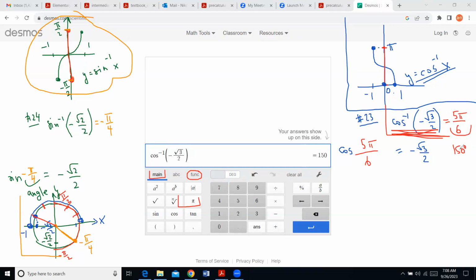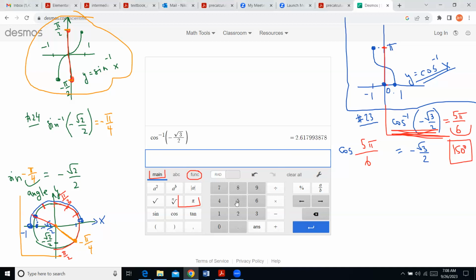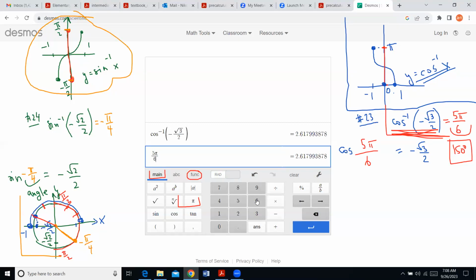And that's why I recommended using degree mode, because otherwise it would be kind of hard to see what it is, because the decimal is actually the same as if you decide to check what 5 pi over 6 is. That's going to be exactly the same, but the calculator does not give it to you.